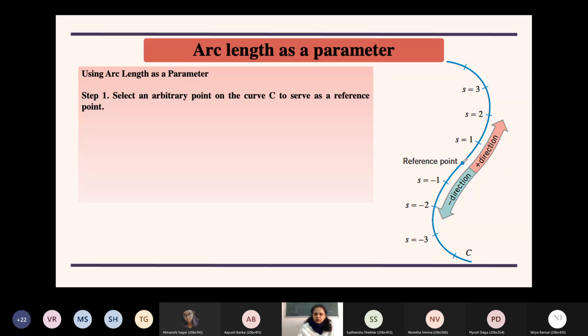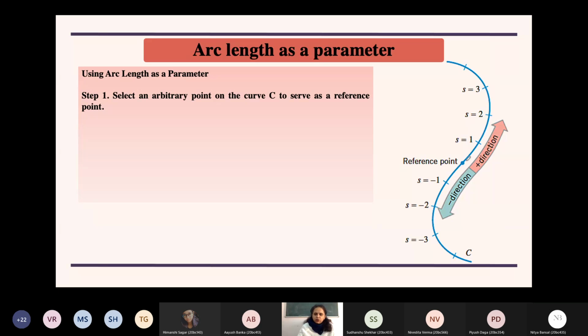You obviously have to calculate length between two points, so you have to start from a particular point. So let that point be somewhere here. This is something which the person can select on his own, unless given in the question, you can just select it on your own wherever you want your reference point.